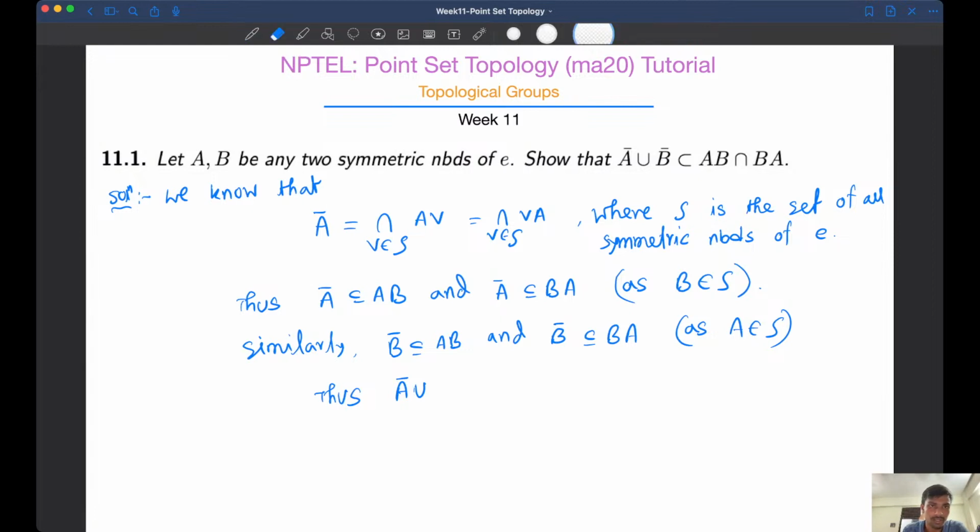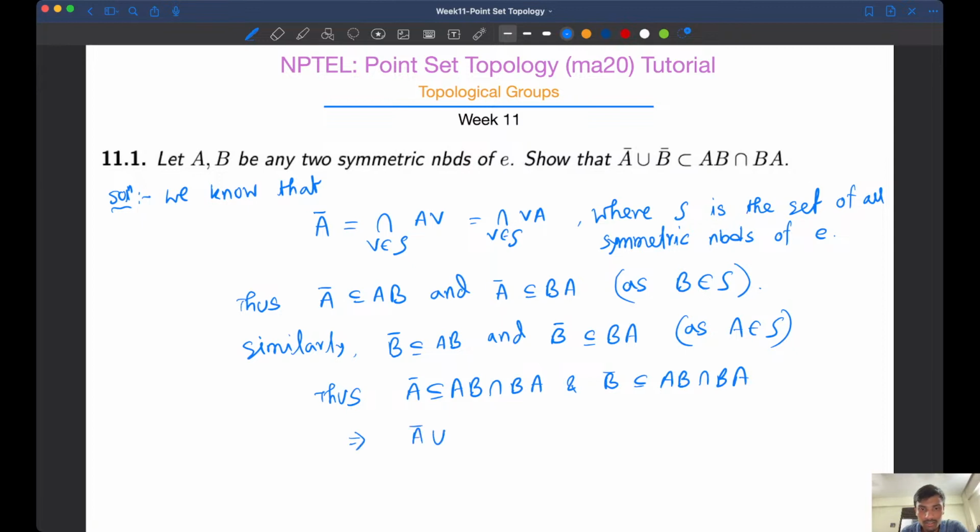Maybe I should write that. A closure is contained in AB intersection BA, and B closure is also contained in AB intersection BA. This implies A closure union B closure is still contained in AB intersection BA.